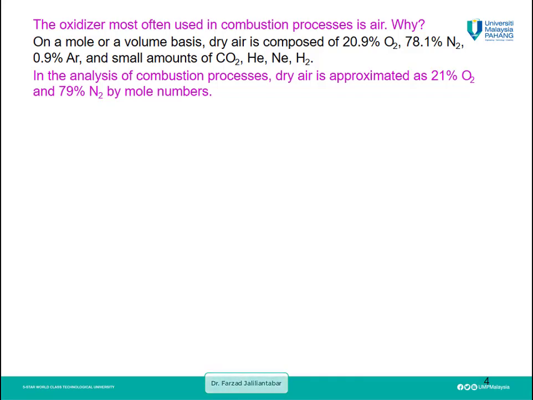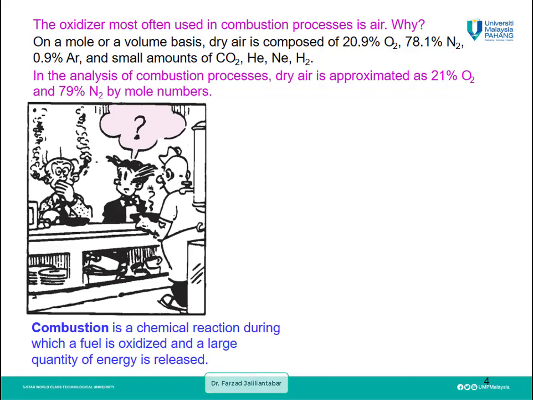It also includes small amounts of carbon dioxide, helium, neon, and hydrogen. But for our analysis, we assume that dry air consists of approximately 21% oxygen and 79% nitrogen by mole numbers. It will simplify our calculations, and it's better to have this assumption.